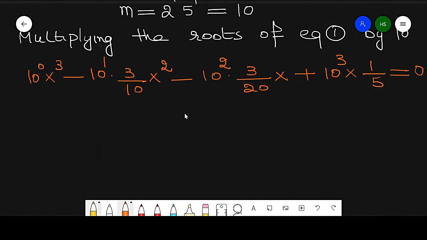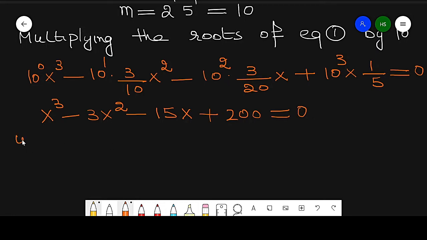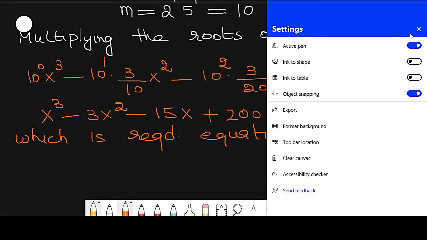We get the transformed equation x cube minus 3x square minus 15x plus 200 equal to 0. This is the required equation whose leading coefficient is 1 and the remaining coefficients are integers.